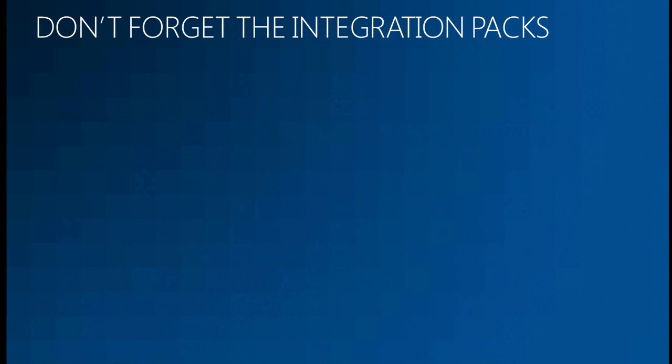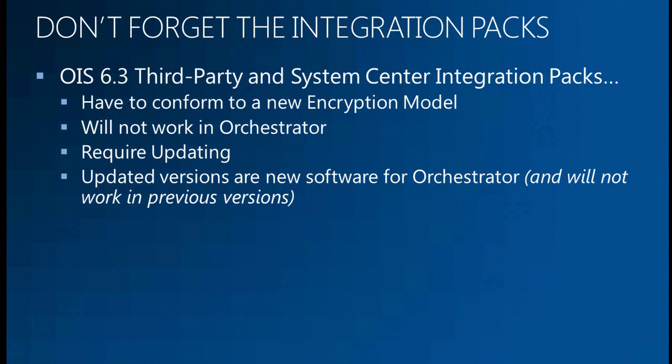So let's not forget the integration packs. OIS 6.3 third-party and System Center integration packs have to conform to a new encryption model, will not work in Orchestrator, and require updating. Updated versions are new software for Orchestrator and will not work in previous versions. I've updated all the Codeplex stuff that I've created. I had a little trouble with the update process, that's why I know about it. I have put up copies that will work and upgrade from previous versions as opposed to something brand new.